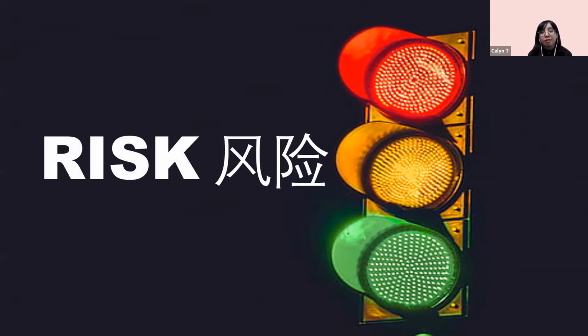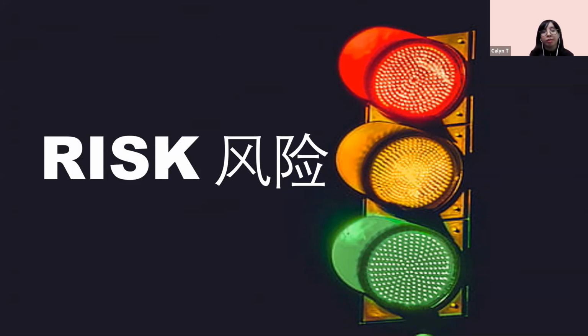So actually how we decide is based on risk. If you choose to run the red light, it may be because there's no police around, there's no one around, and I know my risk because I'm not likely to get caught, and I'm not likely to get into an accident.